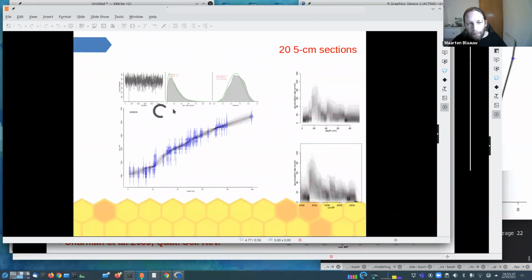Where in the main panel you've got in blue the calibrated distributions, in gray the age model, and in red the median or mean age model. And then on the top left you've got your MCMC iterations, which should show white noise but no major structure.